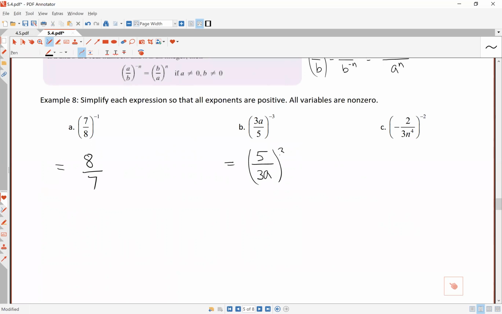And then that's to the positive 3 exponent. Gives us 5 cubed divided by 3 cubed times a cubed. 5 cubed is 125. 3 cubed is 27, and a cubed.